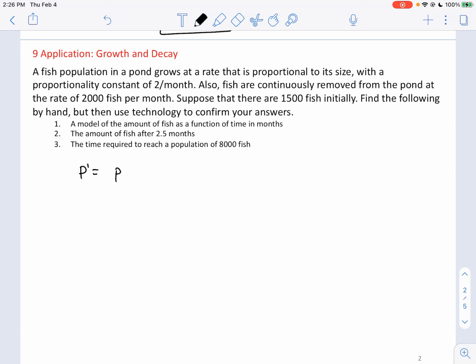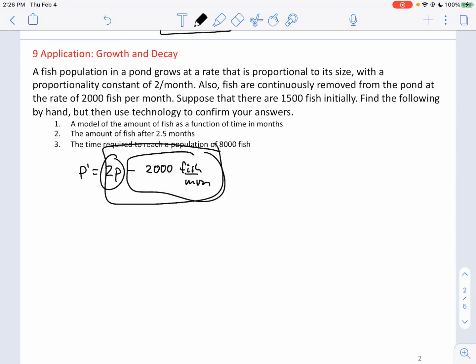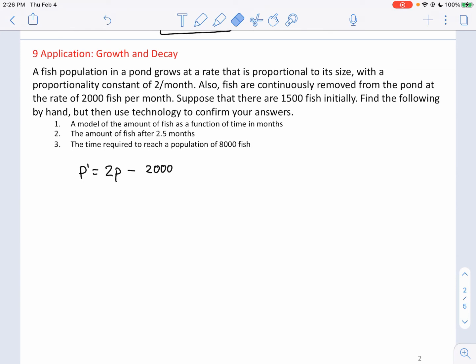So they're trying to grow according to this model, but their rate of change is they're also losing 2,000, and this is fish per month. So we can subtract these and get an overall rate, which is measured in fish per month. So our model looks like this. p prime is equal to 2p minus 2,000.